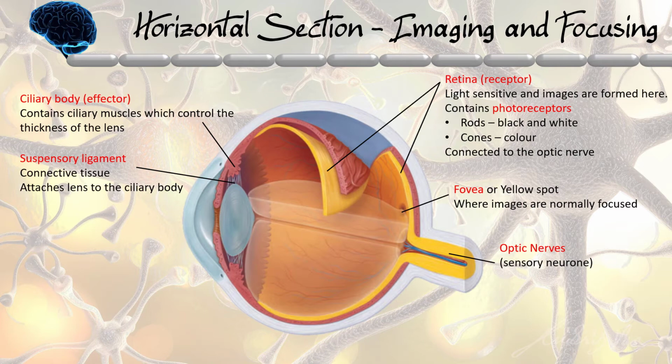These two, the ciliary body and suspensory ligament, are very important. And what is this hole down here called? It is actually our pupil. And the muscle surrounding it is actually our iris.